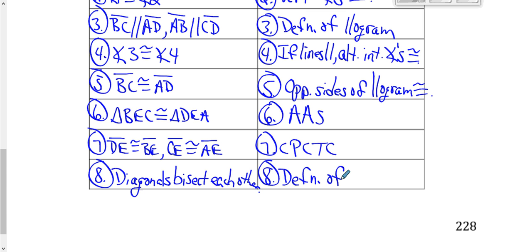Yeah, segment bisector. Because what does a segment bisector do? Splits a segment up into what? Two congruent segments, you see what I mean? So now we can say what they wanted because of the definition of segment bisector, and we stated it all.